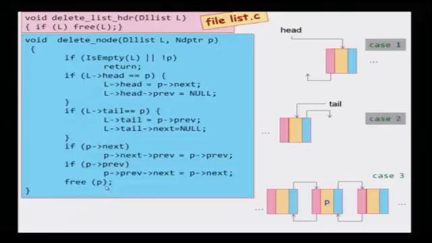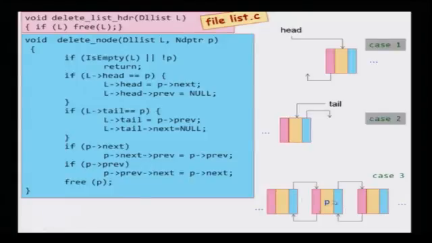So, we have seen two easy cases, one is delete the head and the other is delete the tail, and now we will see the difficult case where P is an intermediate node. In this case what will we do? We have to remove this node.